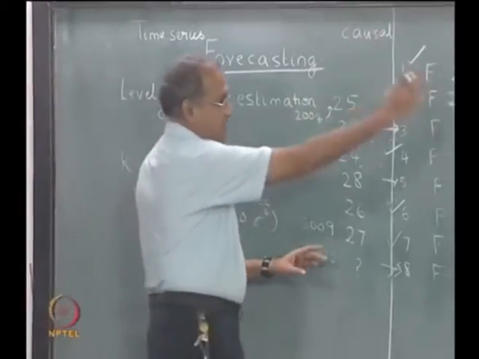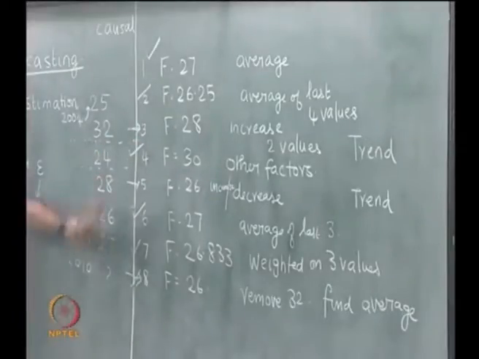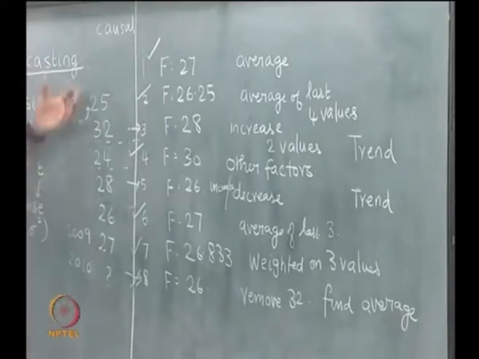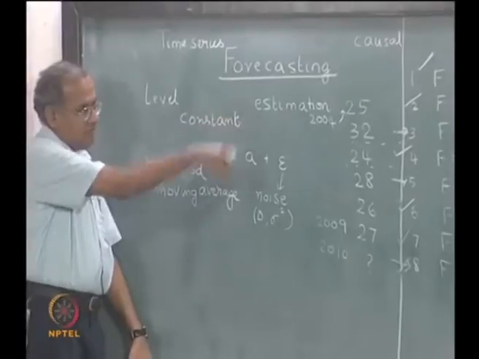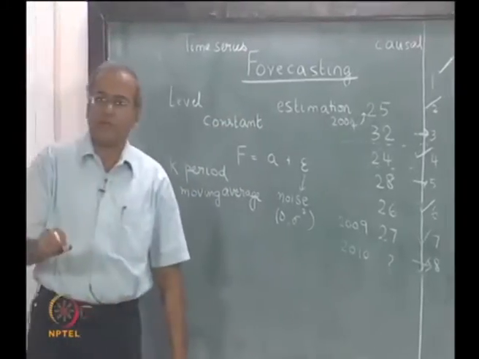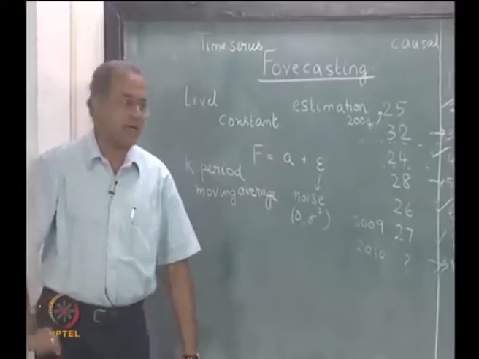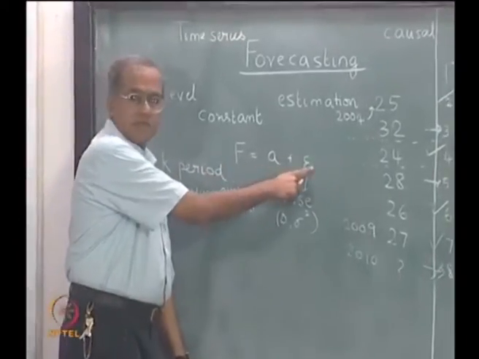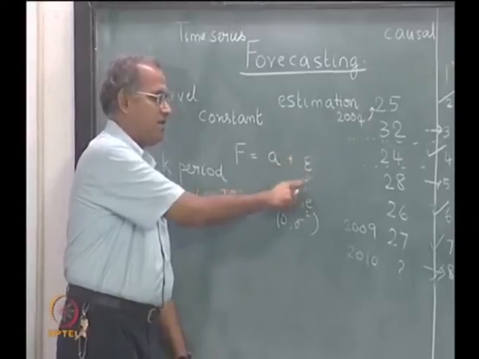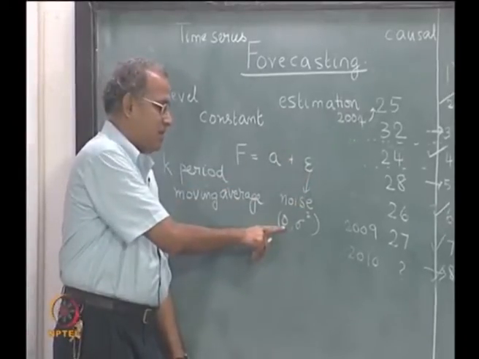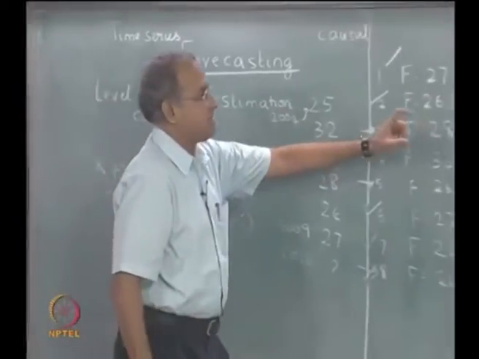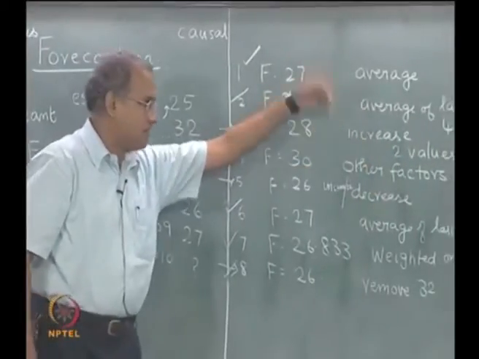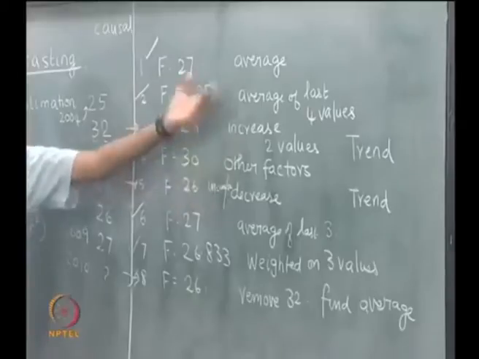These represent different kinds of thinking, but largely centered around average, which represents that the assumption behind here is that it represents a constant or a level model, and whatever variation we have is attributed to noise or statistical fluctuation, and we are trying to forecast F is equal to a plus epsilon, where epsilon represents the noise or the variability, and which has a mean of 0 and a variance of sigma square. Other things such as trend models and other causal models we will see as we move along.